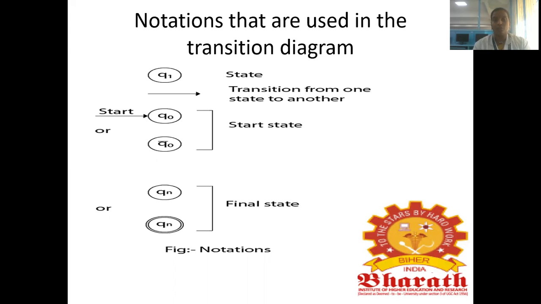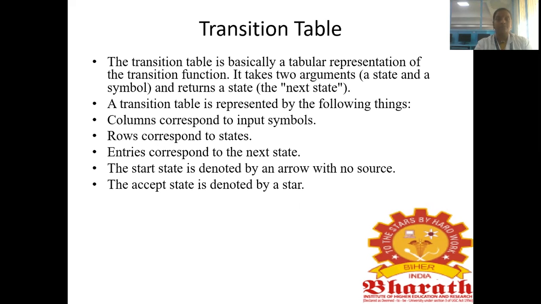So Q naught is the starting or initial state of your transition diagram. Next one is Qn with a double circle. That is the final state or accepting state. So the double circle represents the final state or accepting state of your transition diagram.